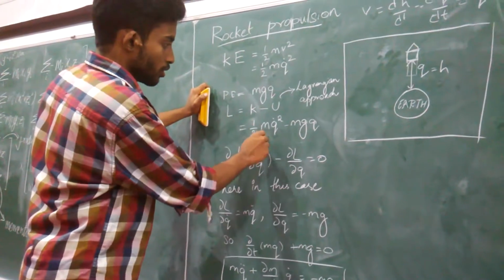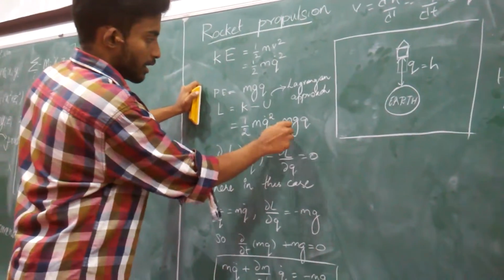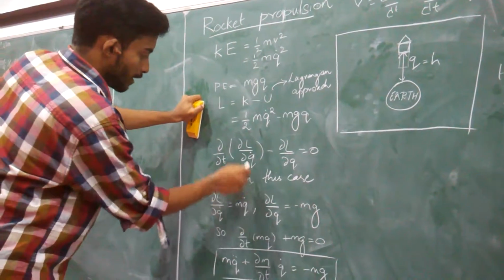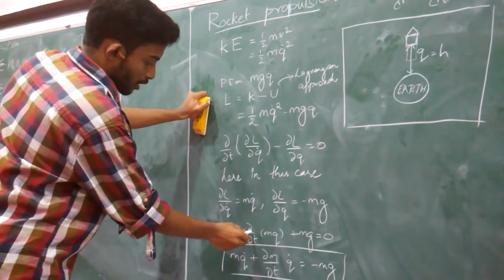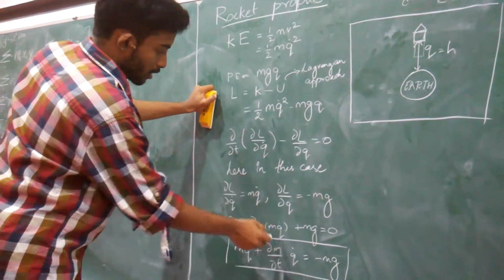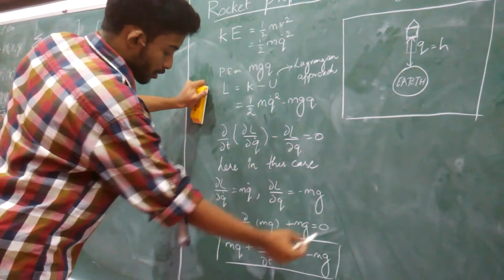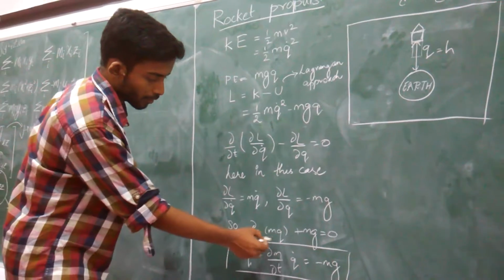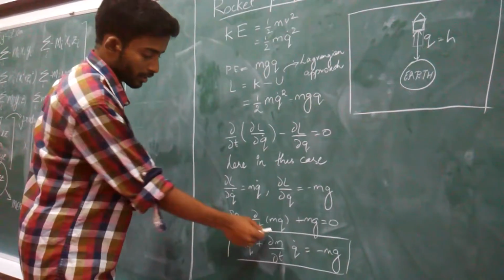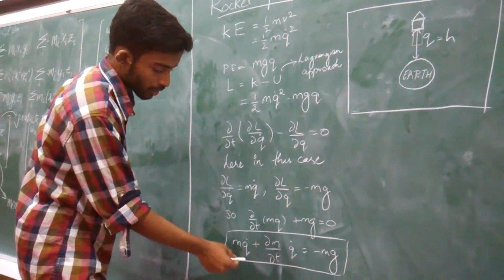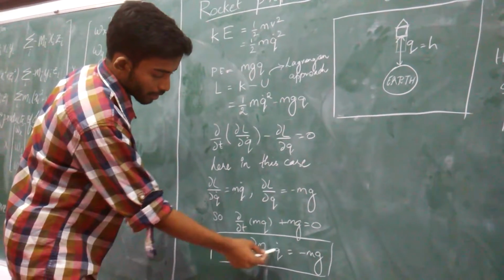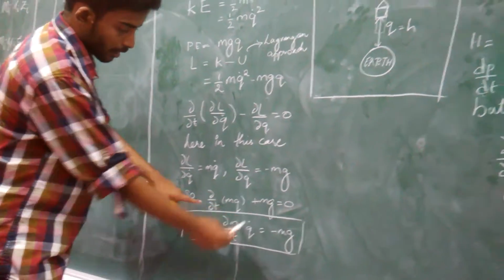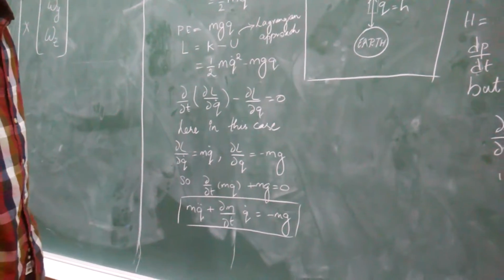Similarly, for dou L by dou q, the first term gets cancelled, and dou L by dou q will be minus mg. Substituting these two values in the above equation, we get dou by dou t of mq dot plus mg is equal to 0. The LHS, that is dou by dou t of mq dot, can be written as mq double dot plus dou m by dou t into q dot, using the multiplication property of differentiation.